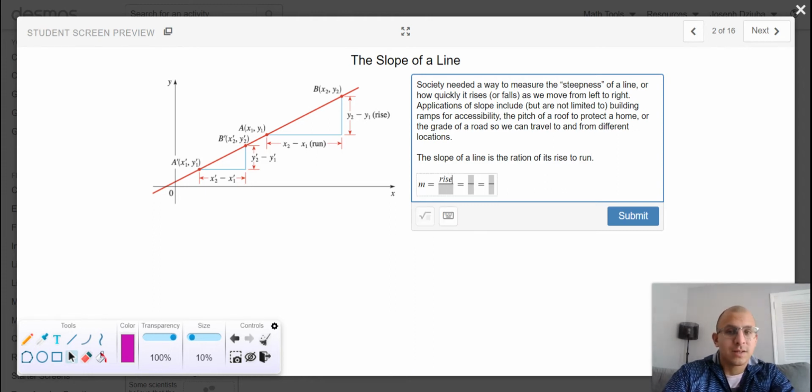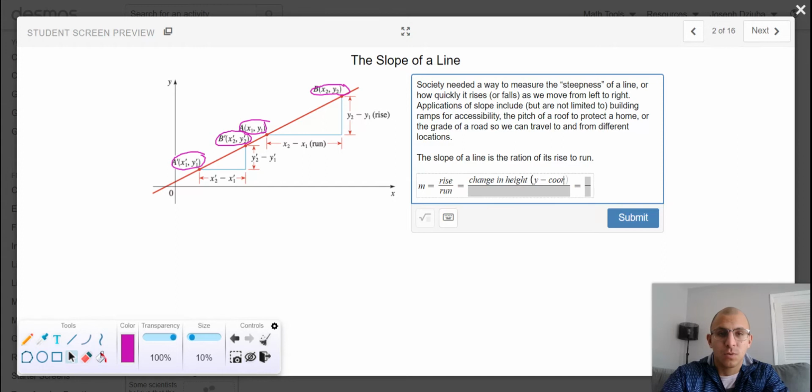So what does that actually represent? Well, we're going to have to take a look at our diagram over here. Okay. When we're calculating the slope, it involves 2 points on that line. So in using the word rise, we're looking at the change in height, which once again is represented by the y coordinate.